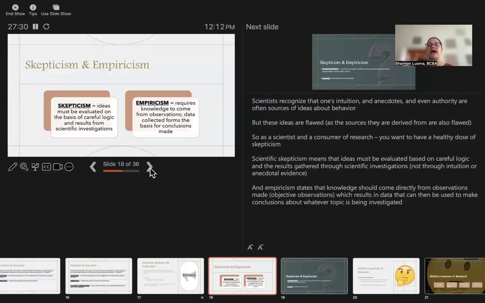So we should have objective observations of this behavior that we're making. There are lots of different ways to do that. We're going to get into all those different ways this semester, so I'm not going to go into it now. But there are various ways that we prove that we had control in the research study so that we know that the knowledge we're coming to, the findings and the data that we're producing, is coming from objective observations and not from opinion or bias.